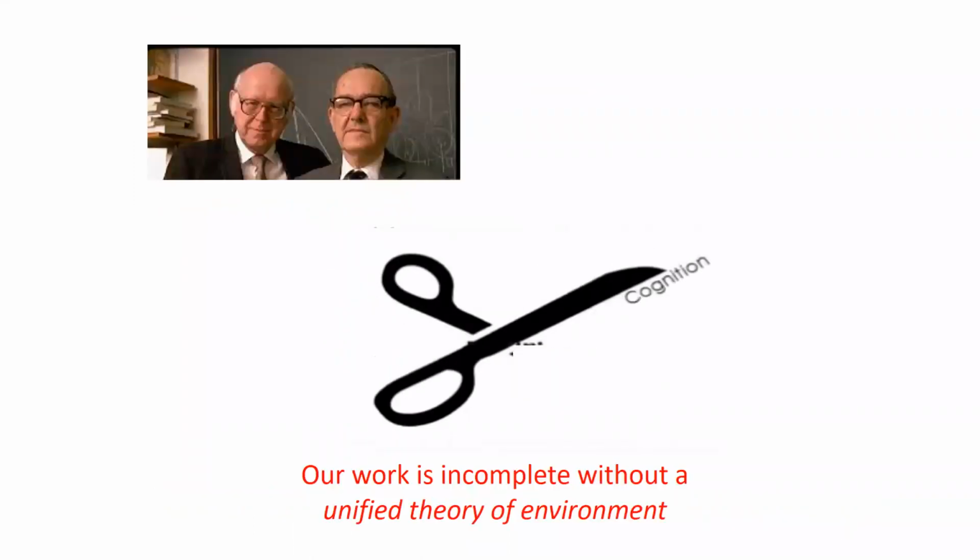I think we have paid a lot of attention to creating unified theories of cognition, but not to creating unified theories of environment. And if we bring Allen Newell and Herb Simon together, they would argue that this is probably a good idea.